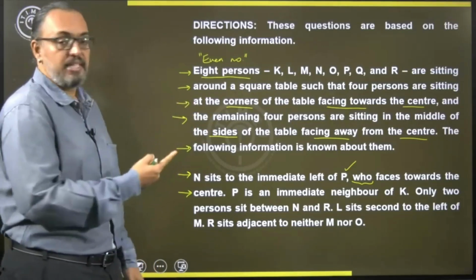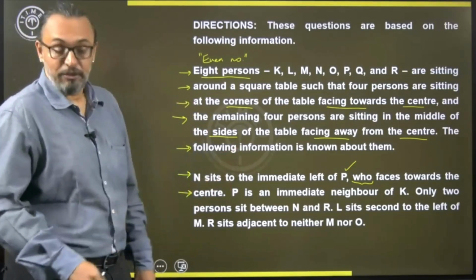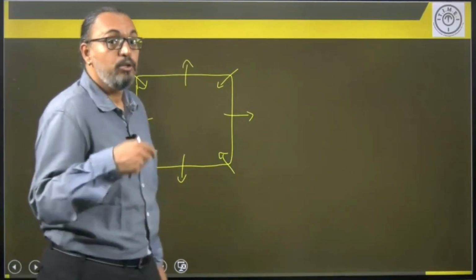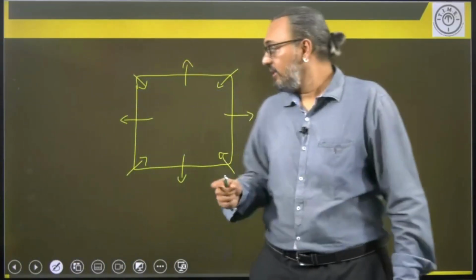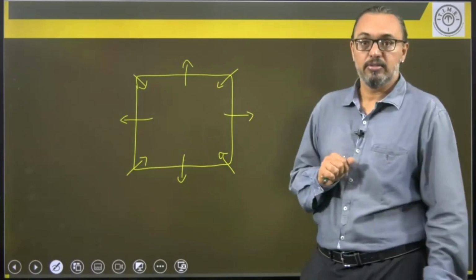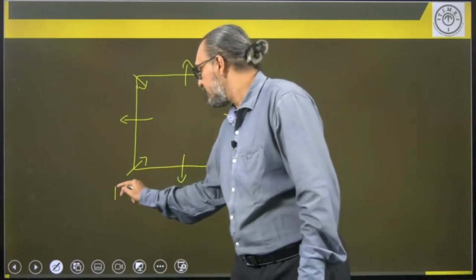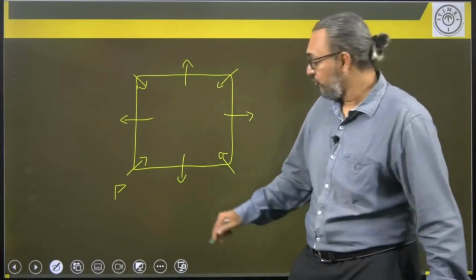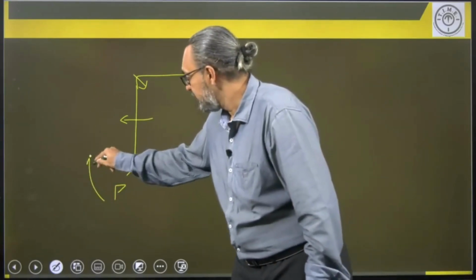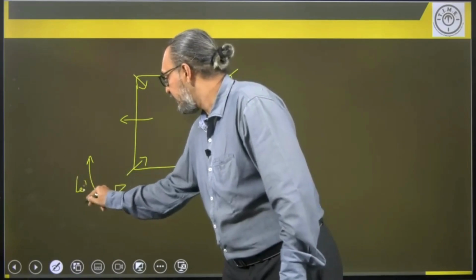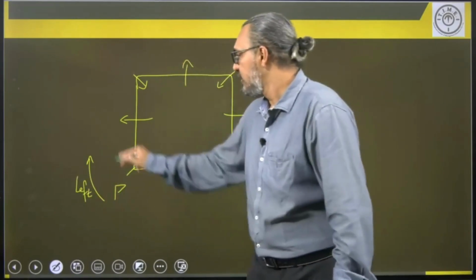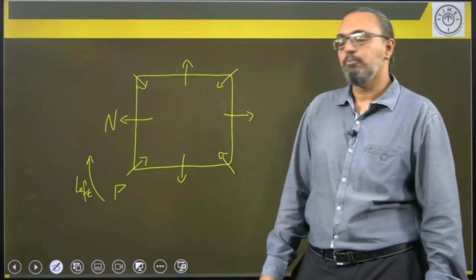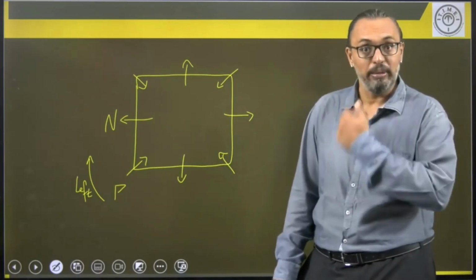So P faces the center and N is immediate left of P. So for P to face the center, it has to occupy one of the corners. So let's take P facing the center here, and N is immediate left of P. Now we know for facing the center, clockwise direction is identified as the left. So we will have N in that position, immediate left of P.